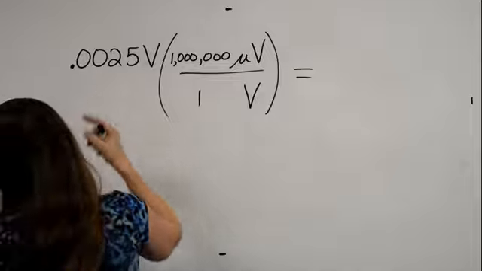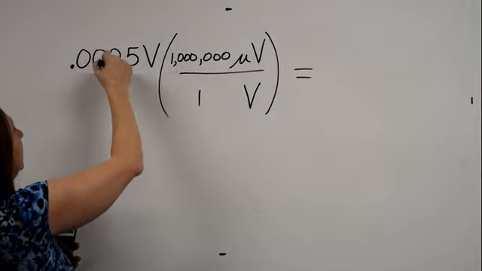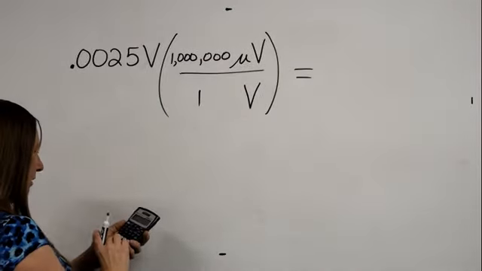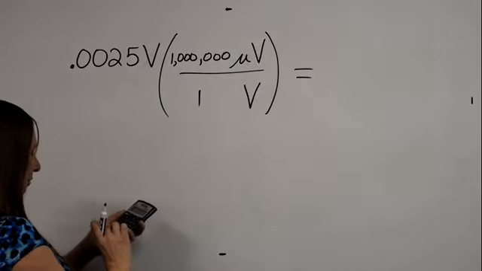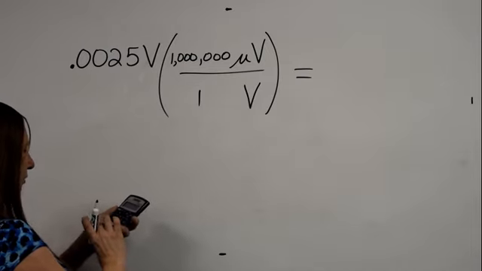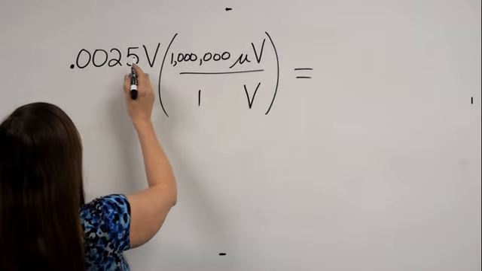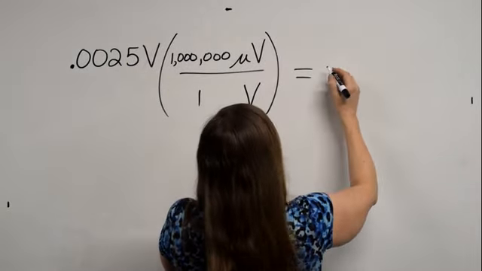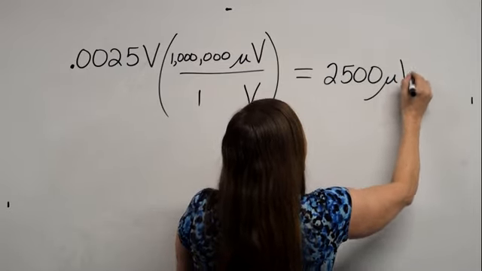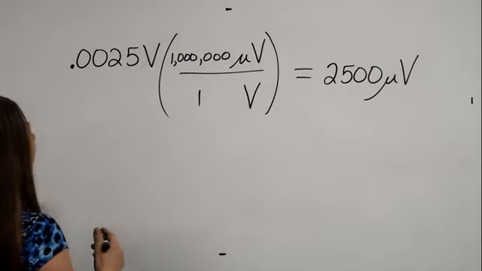All right, take 0.0025, multiply by 1 million. You're really moving this 6 places to the right. But here we go. 0.0025 times 1,000,000. All right, 2,500. 1, 2, 3, 4, 5, 6. Yes. 2,500 microvolts.